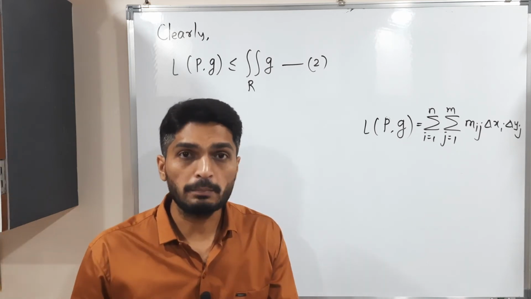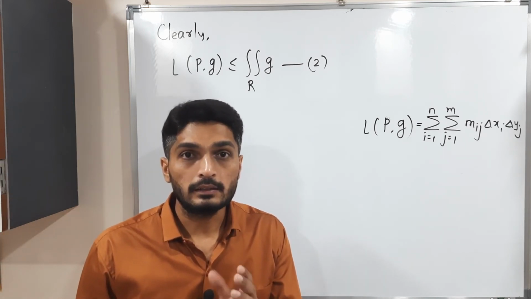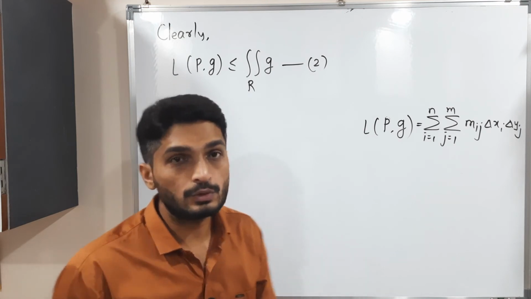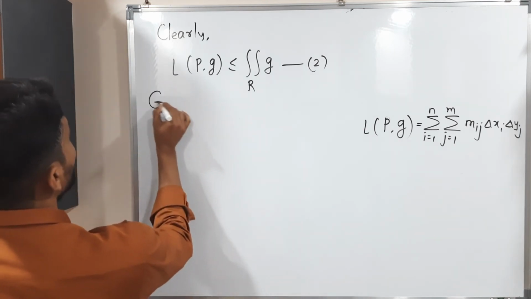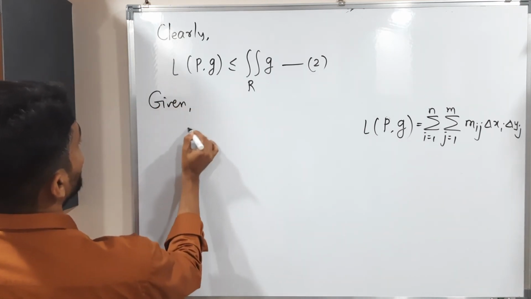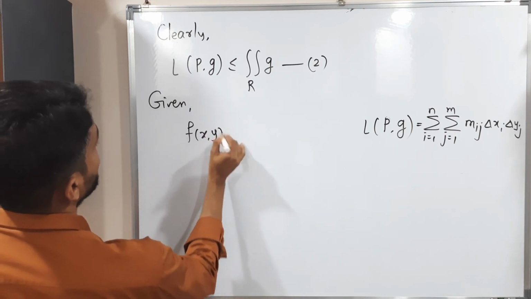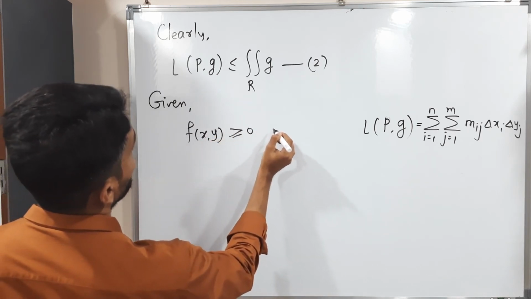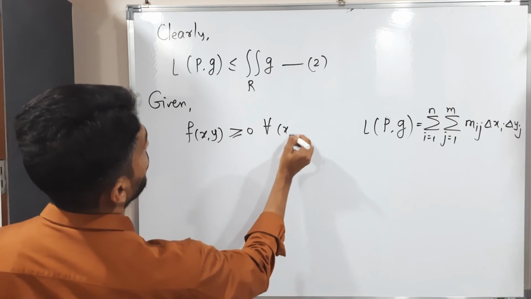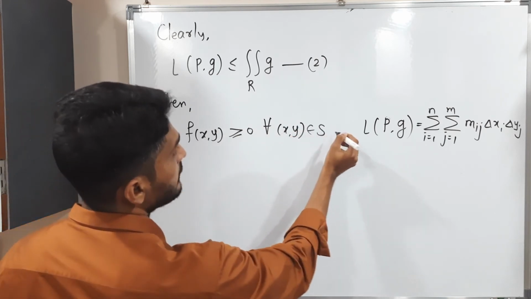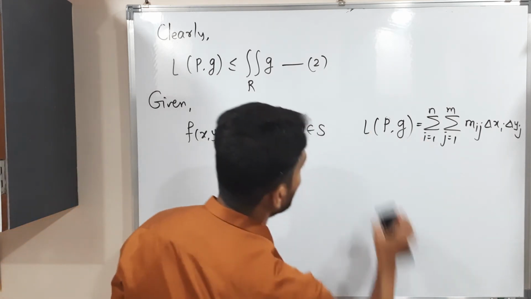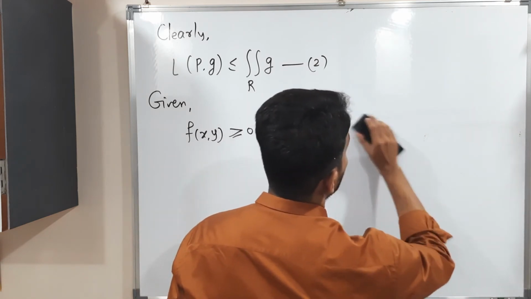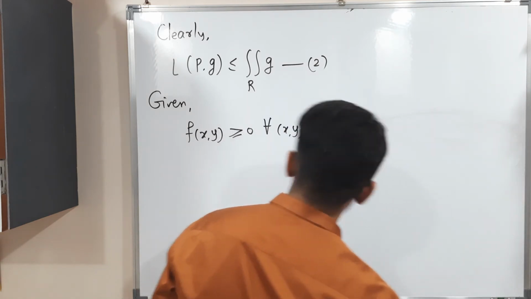Okay, so in the statement they say the function is greater than or equal to 0. I will write the given part: f of xy is greater than or equal to 0 for all xy belongs to S. See, this part is not required, so I will remove this one. Okay, let us continue.